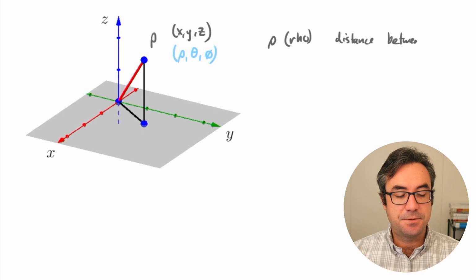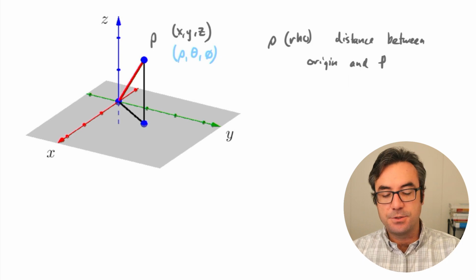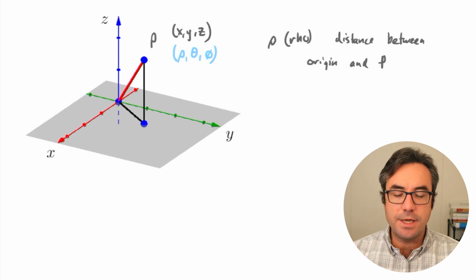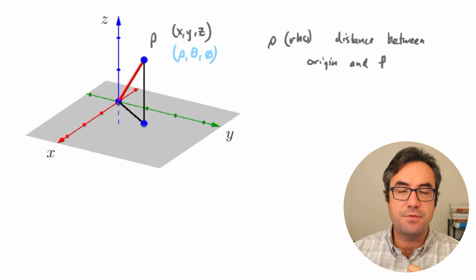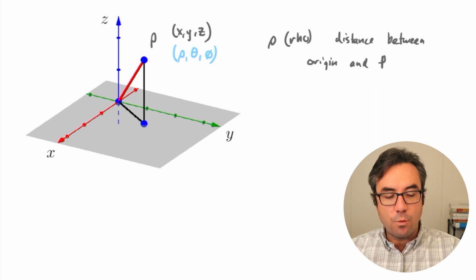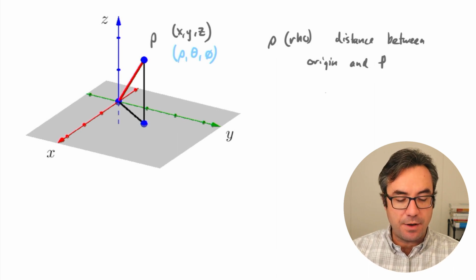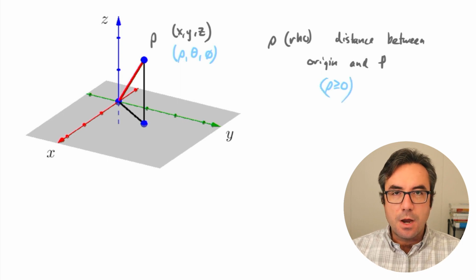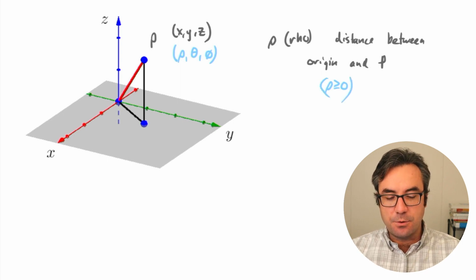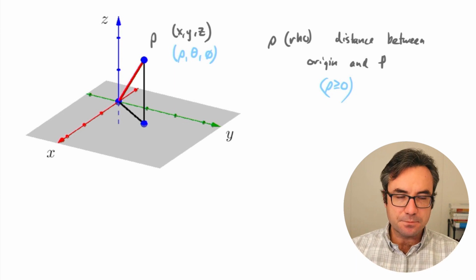So we have our origin where it usually is, we have our point P, and rho is the length of the line segment connecting the origin and our point P. We're primarily going to be using rho values that are greater than or equal to 0. So that's the first one: distance away from the origin.